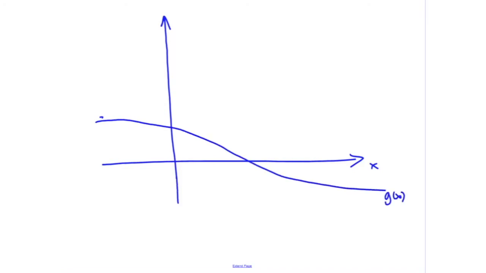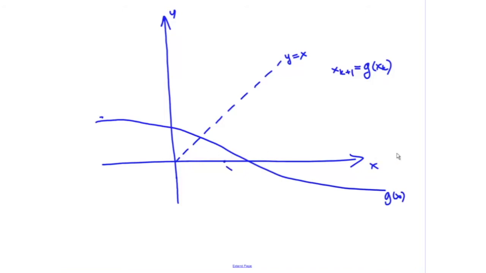Because our iteration is xk plus 1 is given by g of xk, when we compute each next xk, it is convenient to use this line, which is the line given by y is equal to x, in order to show each next iteration on the x-axis.